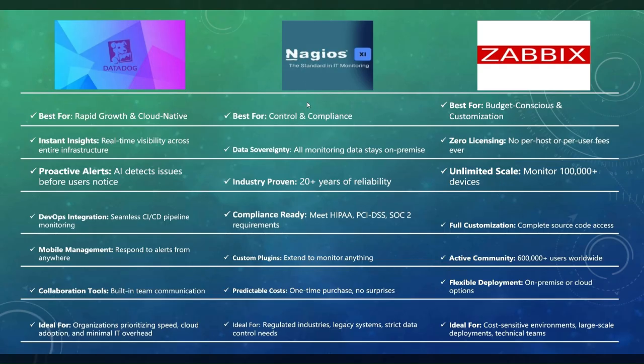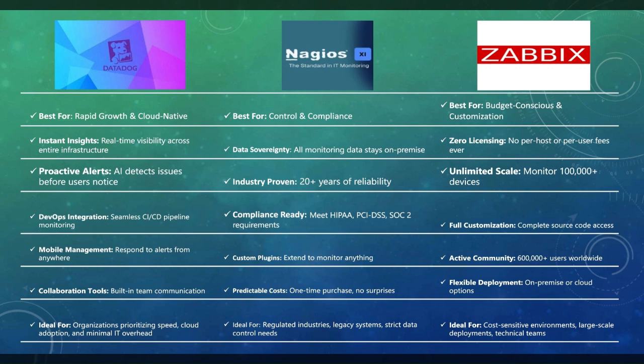Nagios works well for organizations that keep their data on site and also for compliance. And then Zabbix is ideal for teams with tight budgets but strong technical skills, who want more of the full control.